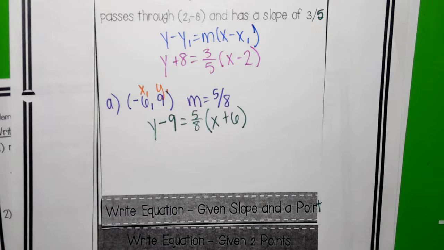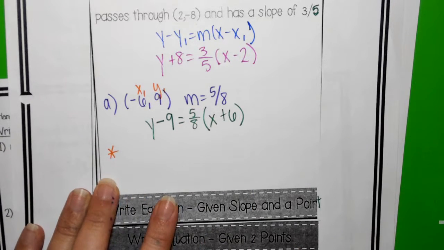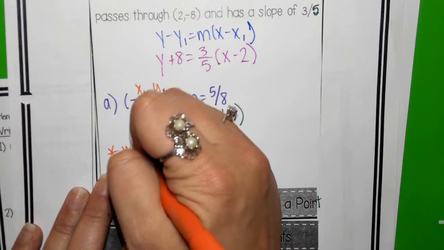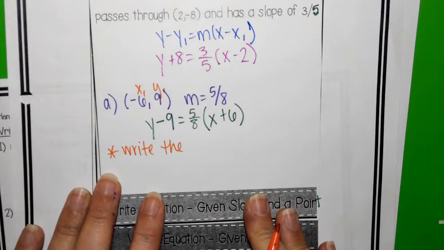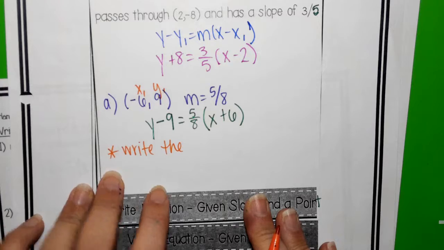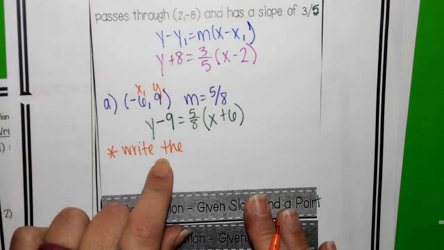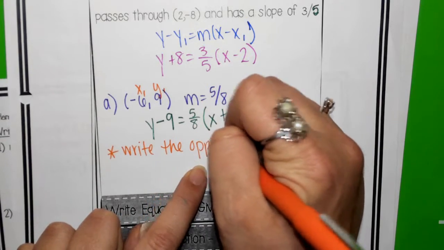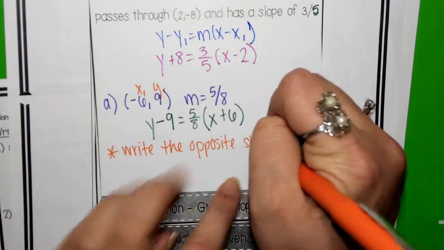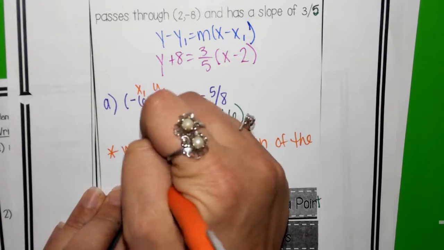Alright, so let's put a star right here. Because you take the opposite of this. So the opposite of positive is negative. So you write the opposite sign of the point.